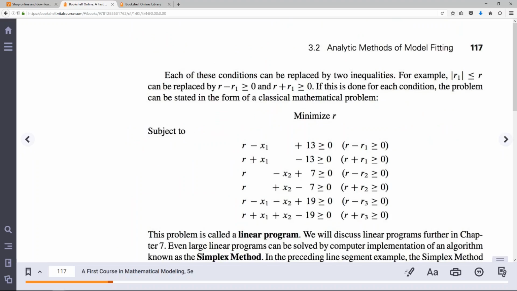And then the question becomes as simple as this, because you're trying to minimize R subject to certain conditions. And we have already seen that the absolute value of R1 less than or equal to R can be replaced by R minus R1 larger than or equal to 0, and R plus R1 larger than or equal to 0.